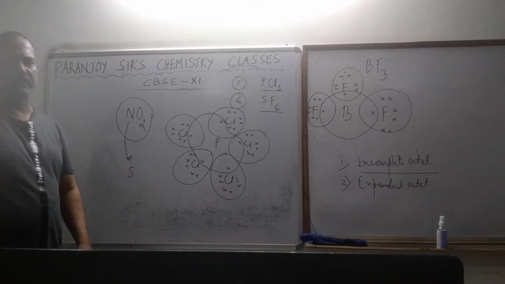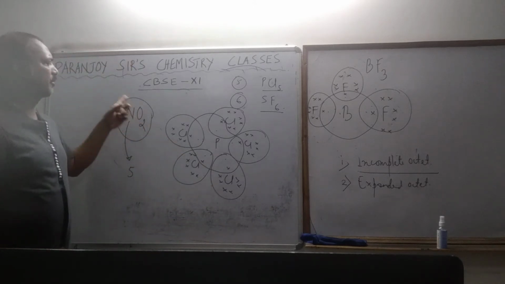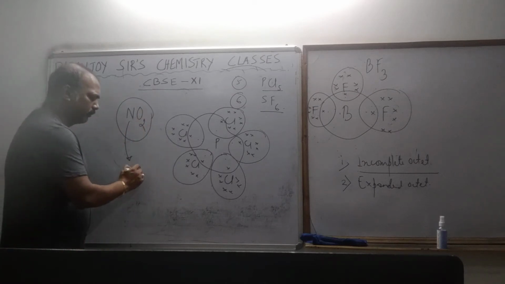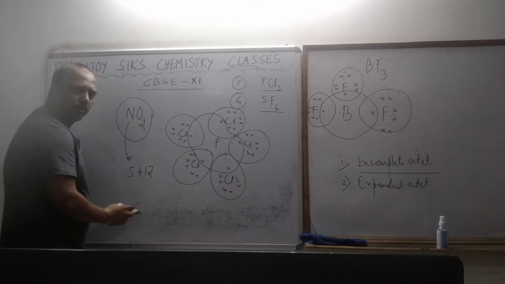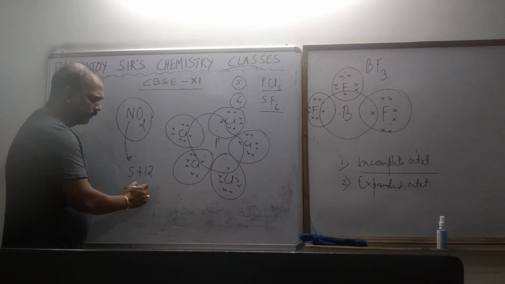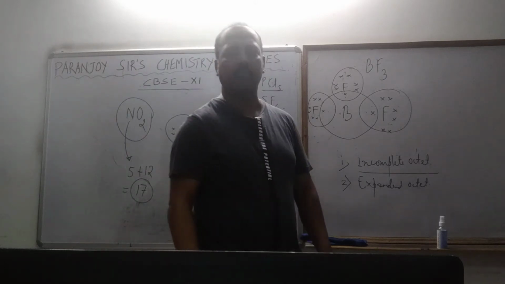The number of valence electrons in each oxygen is 6. So 2 oxygens, there will be 12. So the total number of valence electrons in this molecule is 17. That's an odd number. 17 is an odd number.